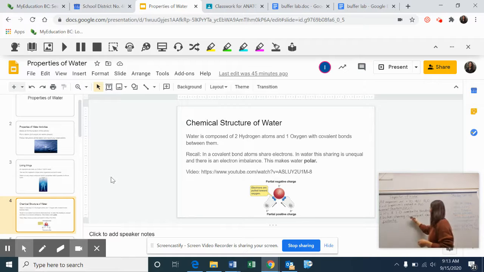So basically you've got your oxygen. Now oxygen has an atomic mass of 16 and an atomic number of 8. So it's got 8 protons in the middle of it.